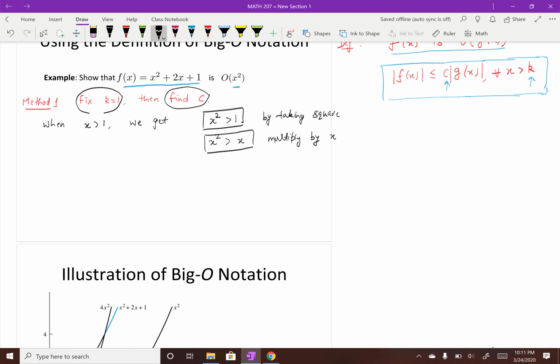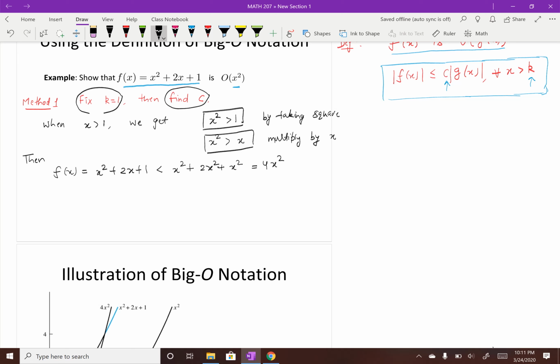You can use this to get a bound on your f of x, which is x square plus 2x plus 1. You can say this is going to be bounded by x square plus 2 times x square plus x square, which is basically equal to 4 x square.